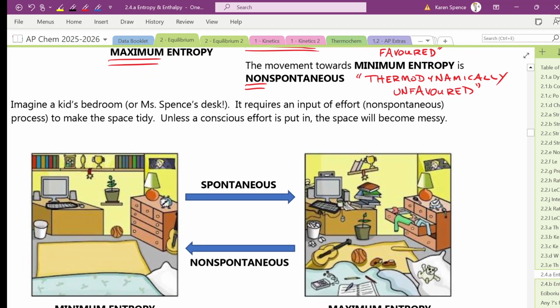Okay, so we have our spontaneous process going from tidy bedroom to messy bedroom. This would be, I'm just going to say, thermodynamically favored. And this is thermodynamically unfavored.